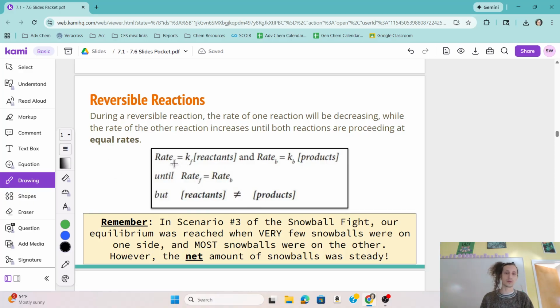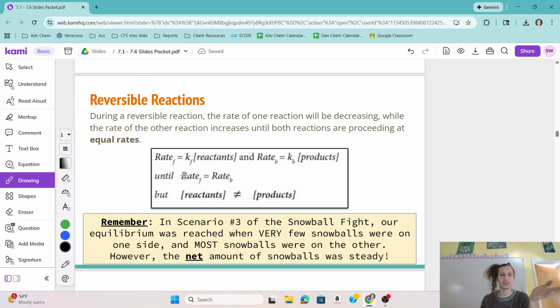So recall some of our kinetics notation. This is the differential rate law. Rate equals K times some concentration, if it's first order, whatever. We're just using the rate F and the rate B, so forwards and backwards.